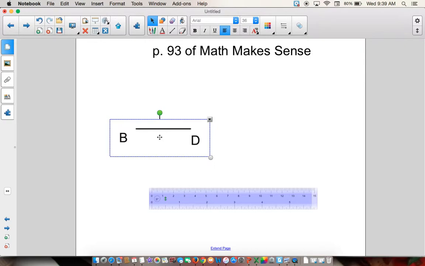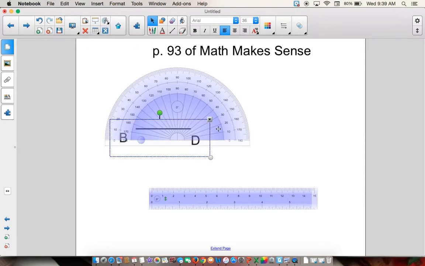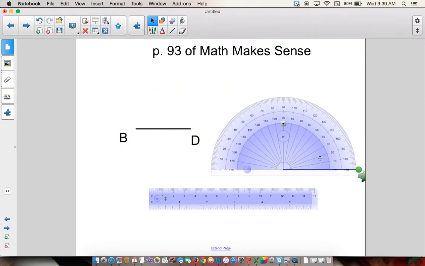We are also going to need, step 2 says, at B, use a protractor to measure 120 degrees. So take out my protractor tool. I'm going to move this over. I want 120 degrees. There we go. This is 120.